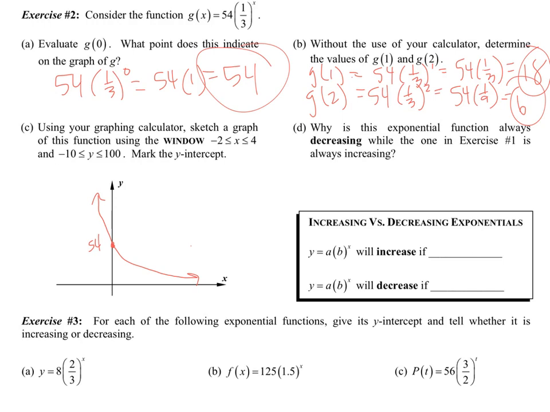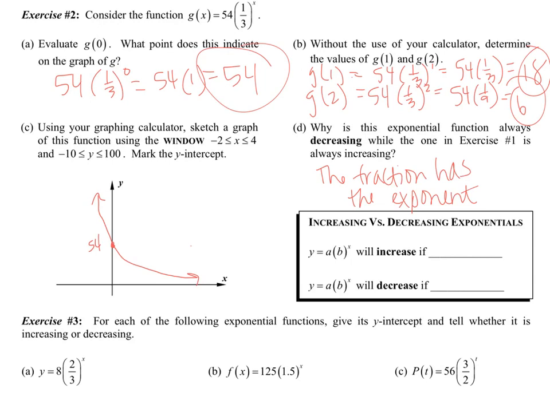So why is this exponential function always decreasing while the other one was always increasing? Well, it's decreasing because the fraction has the exponent. The other one was a whole number. This one is a fraction that has the exponent.